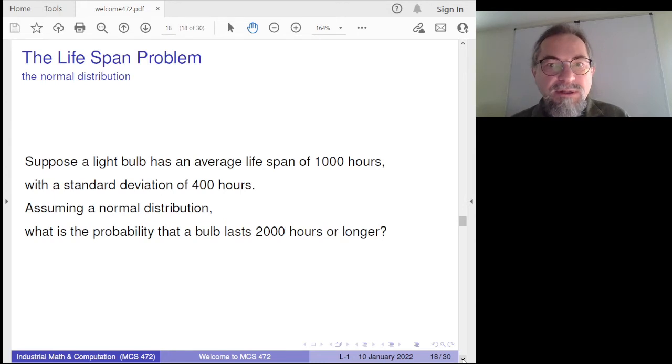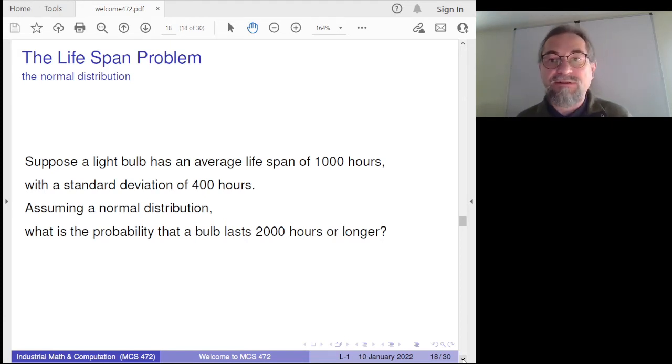Second problem is the lifespan problem. We buy a bulb in the store, and the box says the expected lifespan. So here you expect to have 1000 hours of light in there.